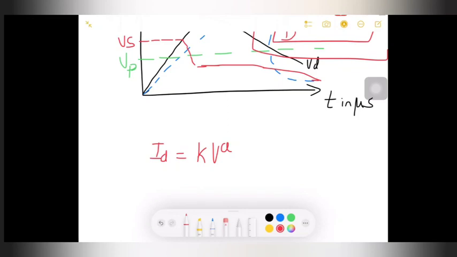Right now we are using a porcelain material for the surge arrestor. Depending upon the material, your constants K and A will vary.